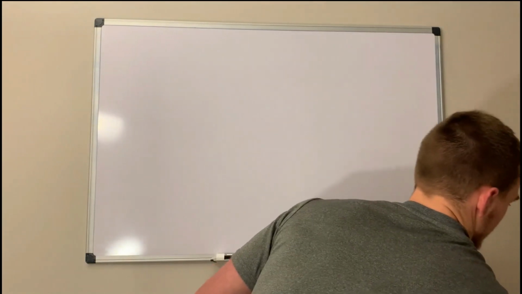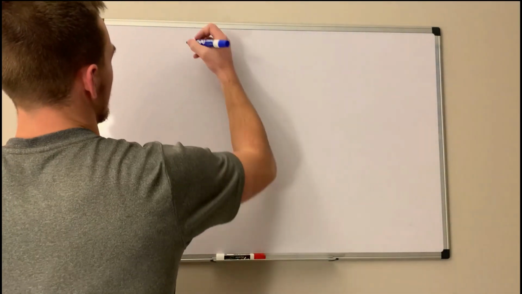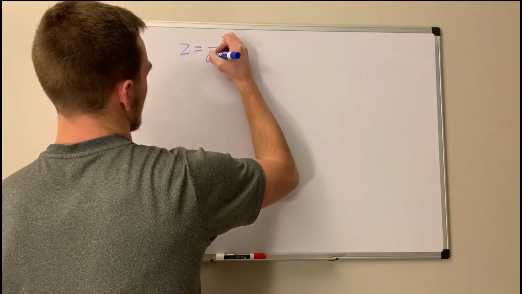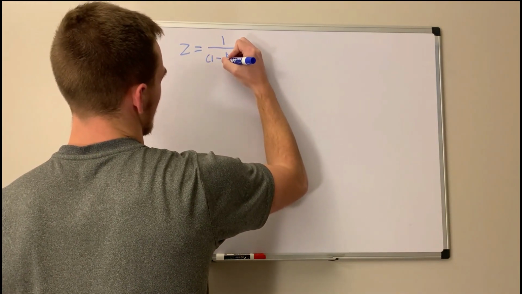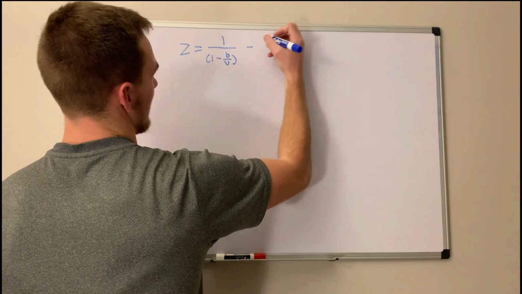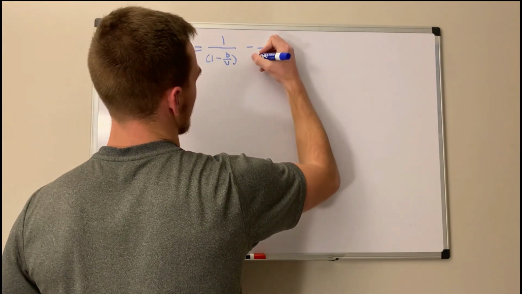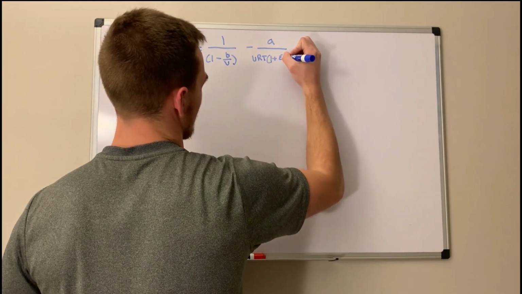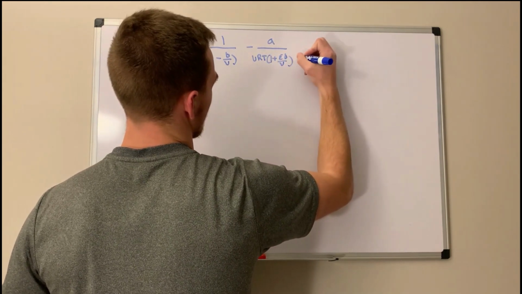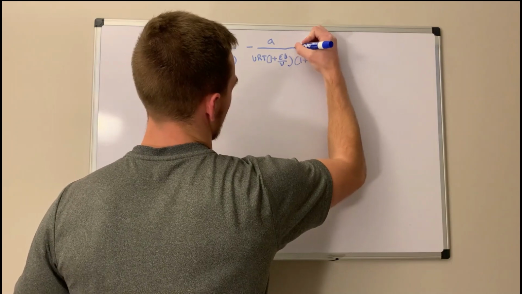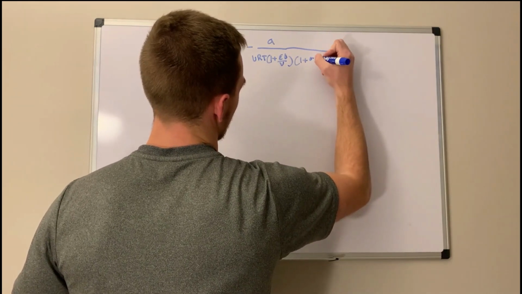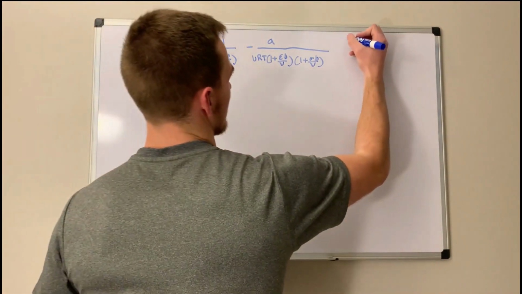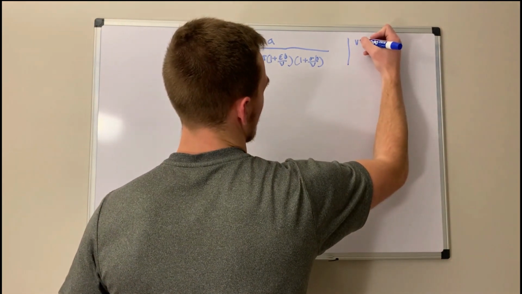Okay, so go ahead and rewrite this equation here. So we have the compressibility factor equals 1 over 1 minus B over V minus A over VRT times 1 plus epsilon B over V times 1 plus sigma B over V. And again, we'll plug in our expression for specific volume.